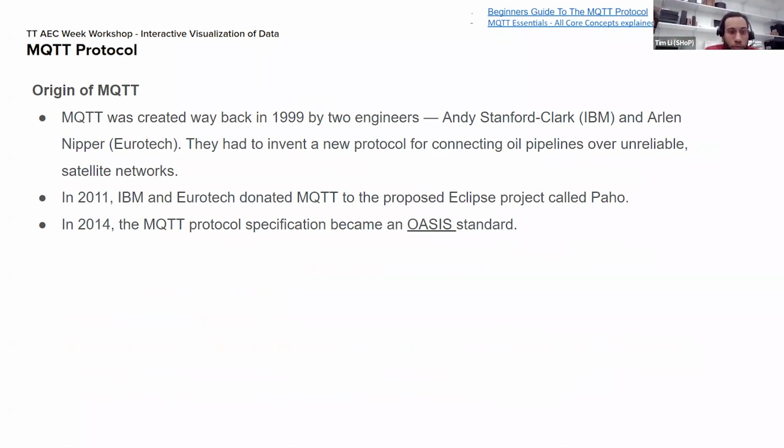Getting into the MQTT protocol, just a little bit of history around it. It was created back in 1999 by two IBM engineers. They were trying to implement a protocol to make it possible to communicate with oil pipelines in remote locations via satellite.